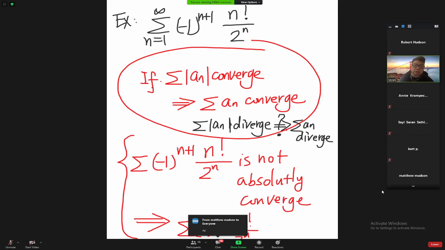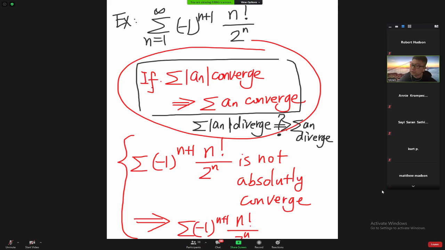Can we say a_n diverges? Matthew said no. I agree with you. You couldn't say anything. This is always true, but absolute value of a_n diverging doesn't mean a_n diverges. We do not have such a statement. This is not true. They are different, just like an apple is a fruit, but a fruit may not be an apple.